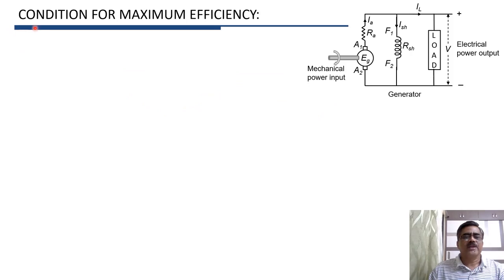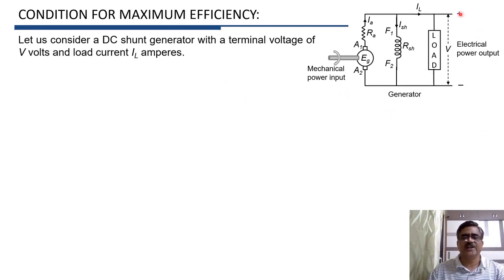Let us now derive the condition for maximum efficiency. For that, we will consider a DC shunt generator. So this generator converts mechanical power into electrical power. But during this conversion, various losses will occur in the machine.